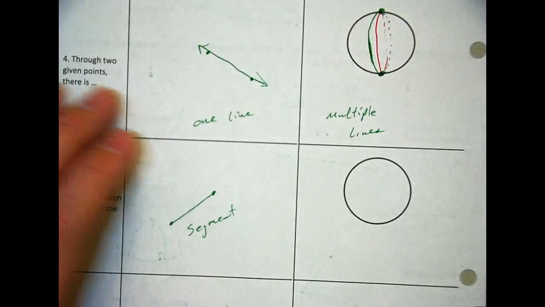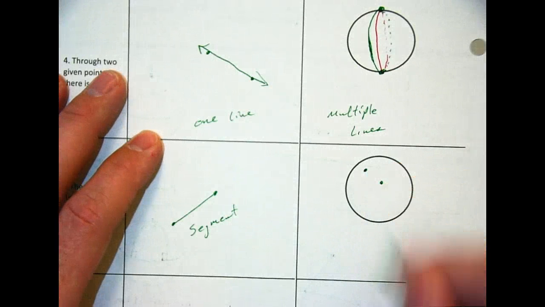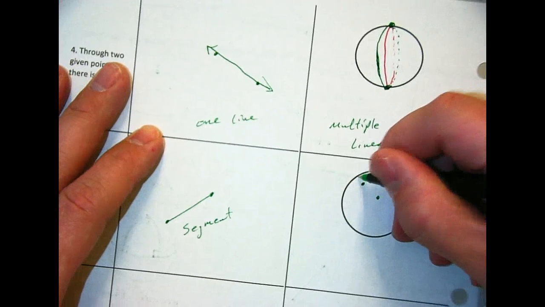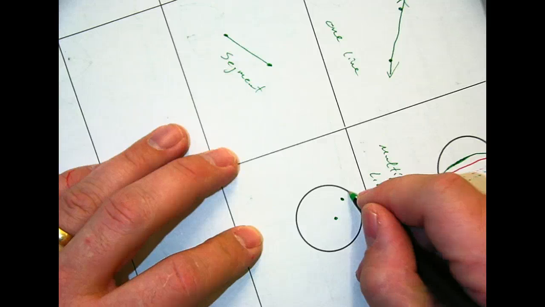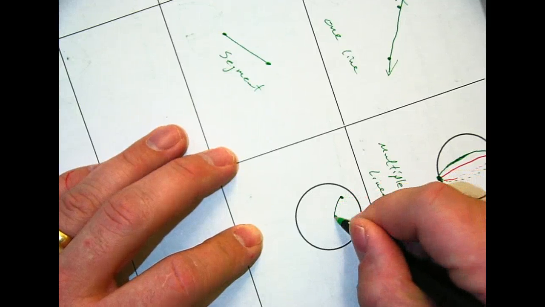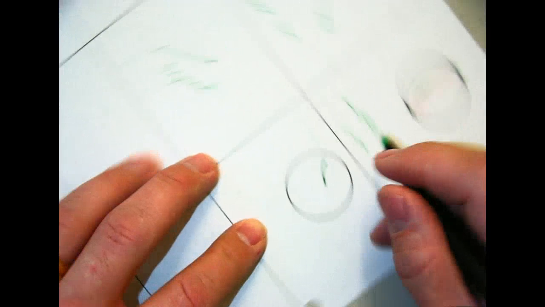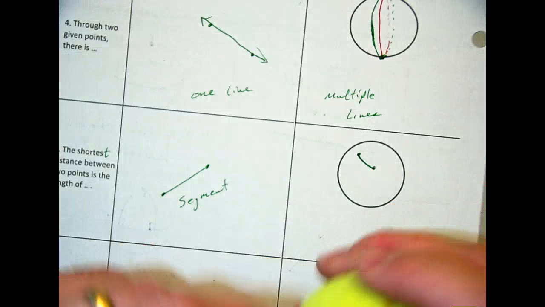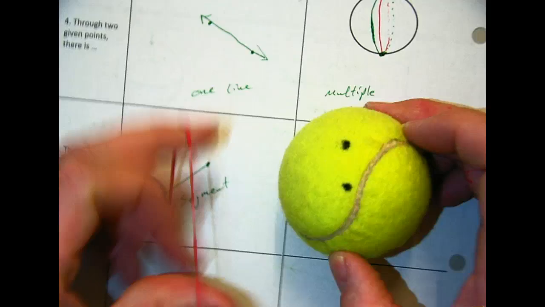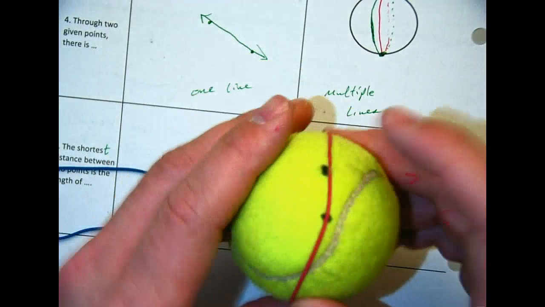From any 2 points, if I want to go from Seattle to Texas, through those 2 points, there exists an arc of a great circle. You should be able to attach these 2 points using the arc of a great circle. Always. And we kind of saw that on our sphere here, where we have these 2 points, and we can put this line through them and make the arc of a great circle.